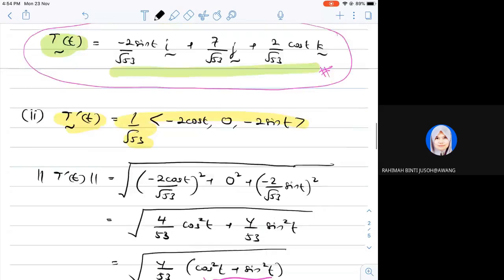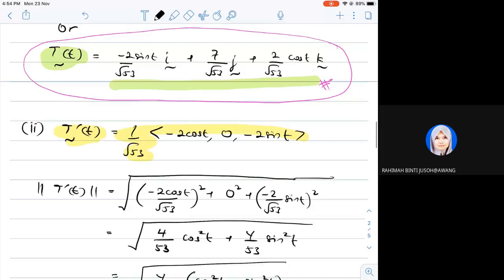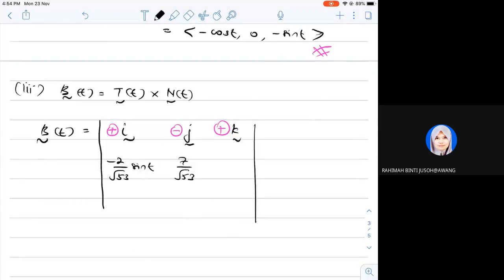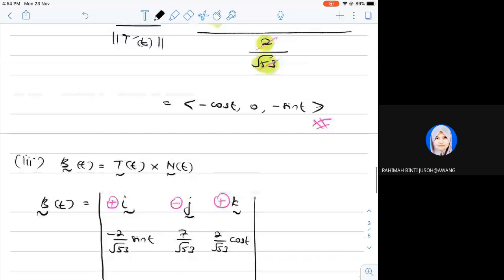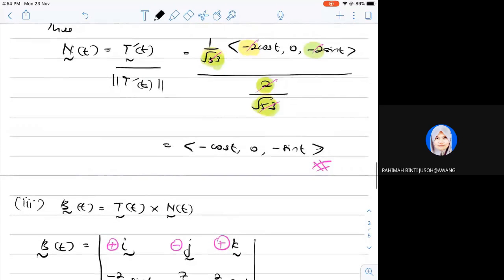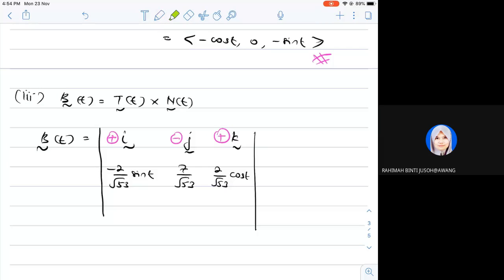And then for k we have 2 over square root 53 cos t. Okay, and then the second row should be the unit normal vector. So we have this unit normal vector: negative cos t, 0, and negative sin t.